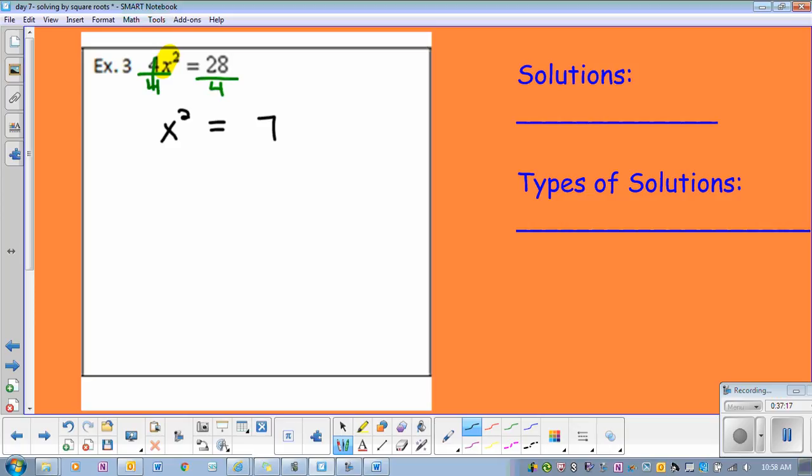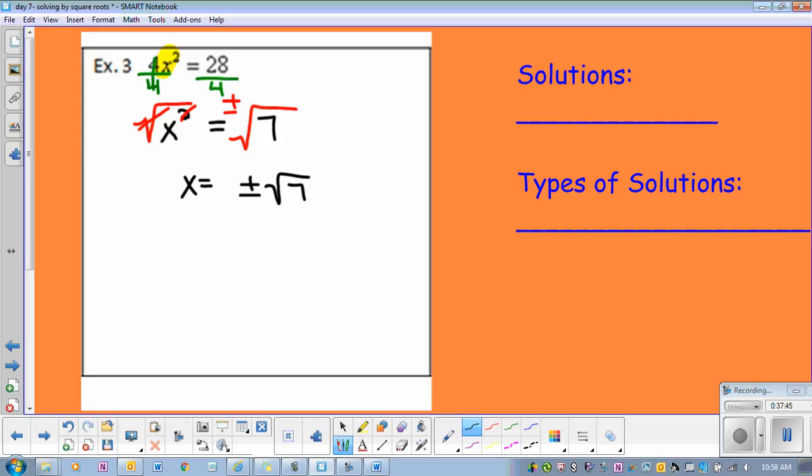Square root. Whatever you do to one side, you do to the other side. But I drew the square root, so I have to put plus or minus. So then those cancel out. Then I have x equals plus or minus square root of 7.